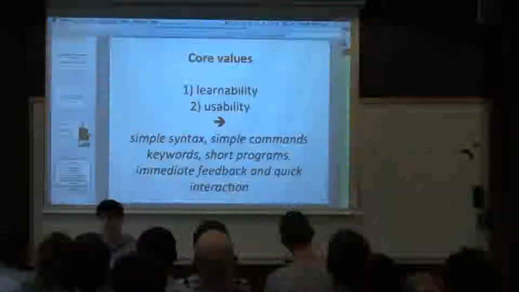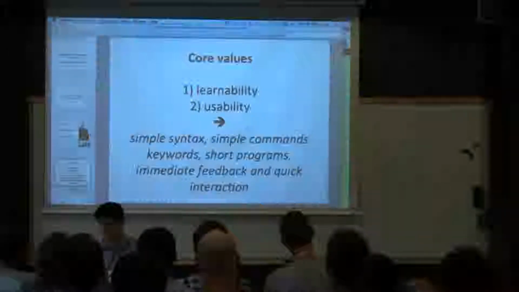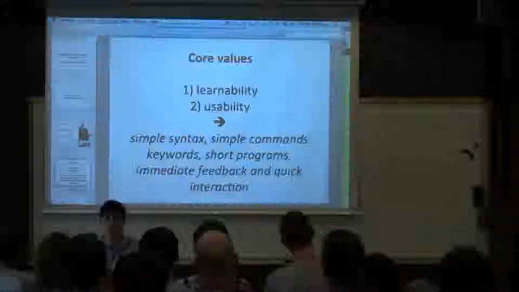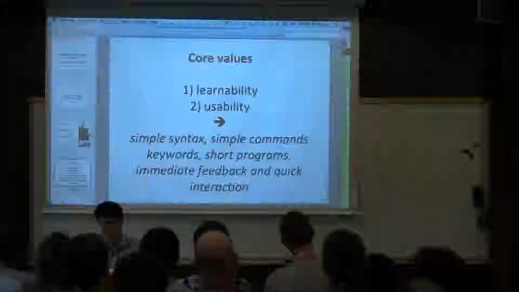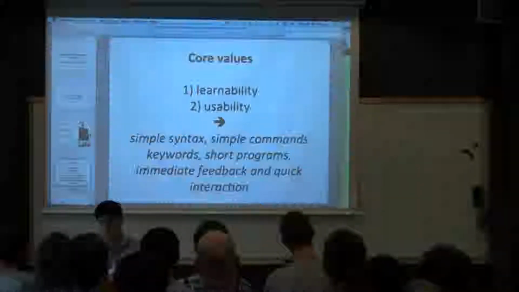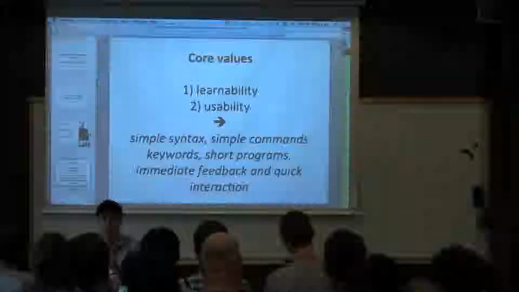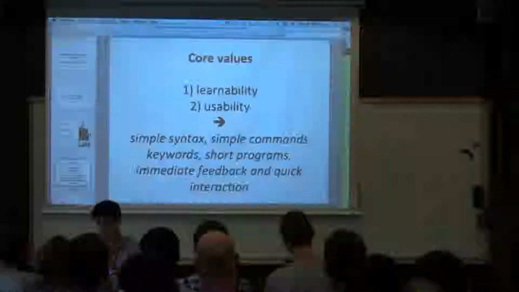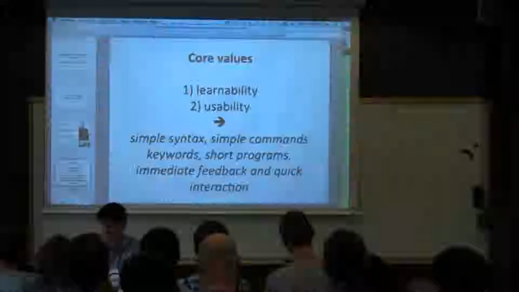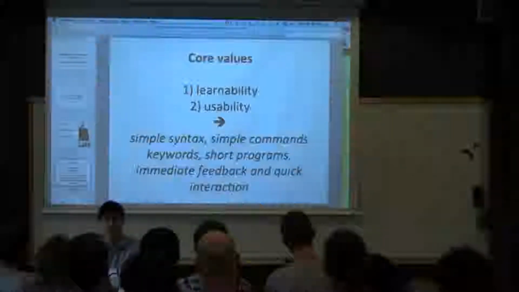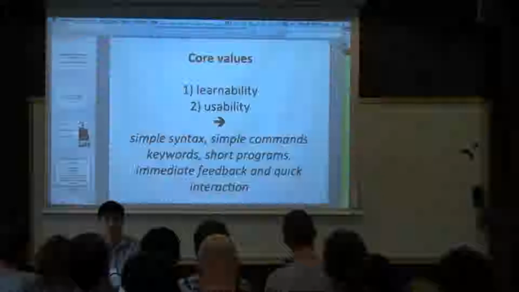So for what we did, what we chose to take as core values was learnability and usability. And that resulted in a few decisions that we made to constrain our project to have simple syntax, simple commands, keywords such as box you've seen.